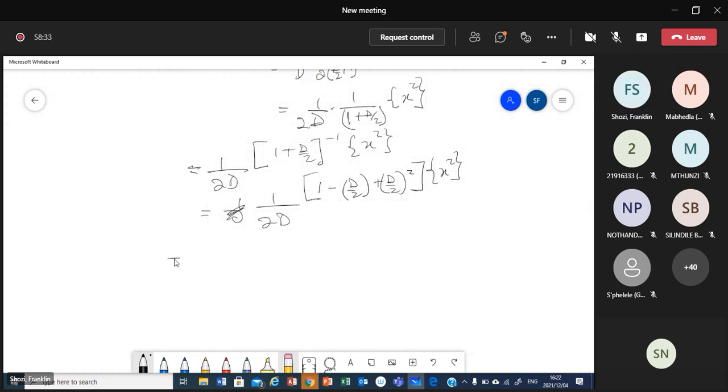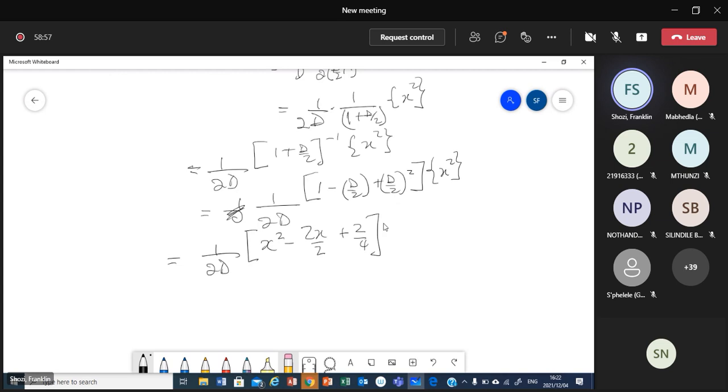That gives me 1 over 2D into, let us multiply, 1 times that is x squared, minus derivative of x squared, which is 2x, so that is 2x over 2. Second derivative of x squared is 2, so that becomes 2 over 4.